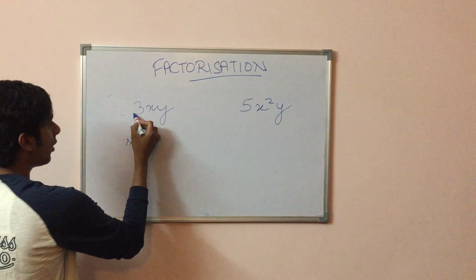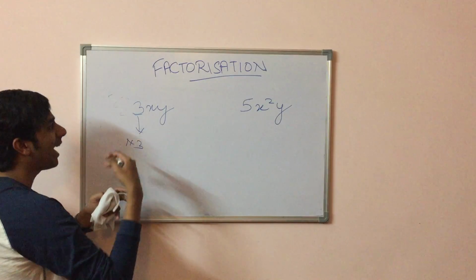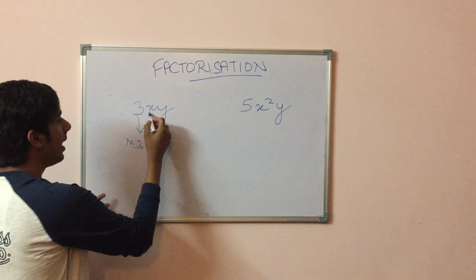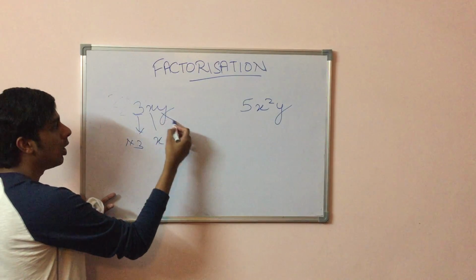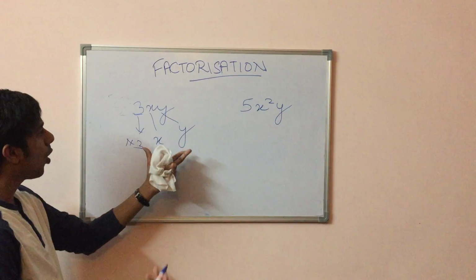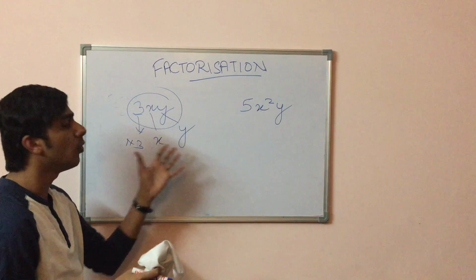So it cannot be expanded further, because 3 is already a prime number. x can be written as x only, y can be written as y only. So 3xy is already in factor form, it cannot go further.